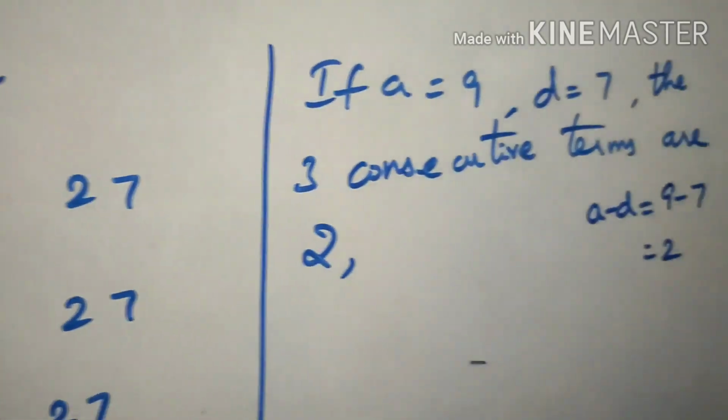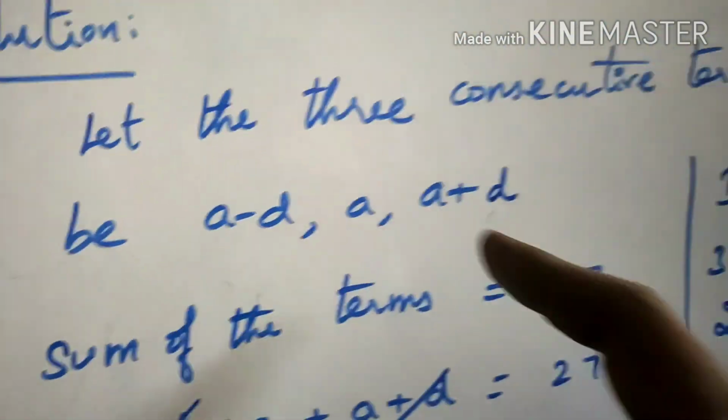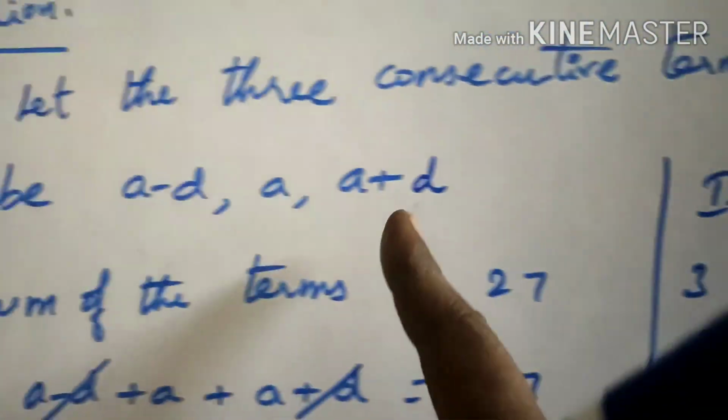One number is 2. Next, A. What is A? 9. Next, A plus D.